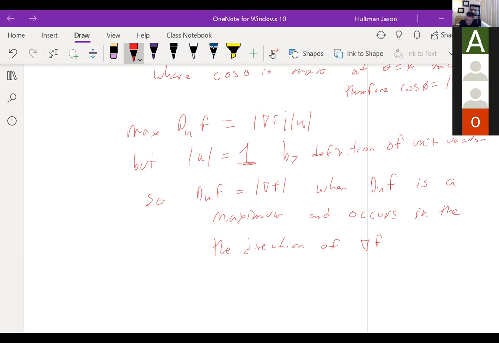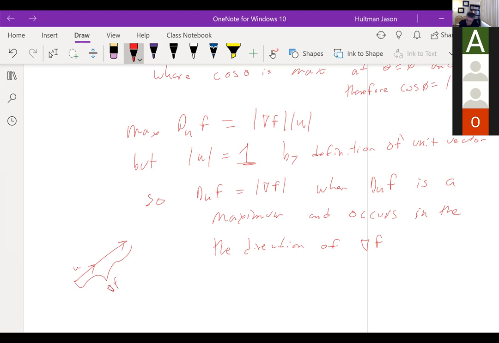Okay, if I take the gradient function, well, isn't the magnitude of the gradient function going to be in the direction of the gradient function? Yeah, so there you go. So it's in that direction, especially since u and del f were parallel, right? They were basically in the same direction. We could say that the unit vector u is here, whereas del f is here.